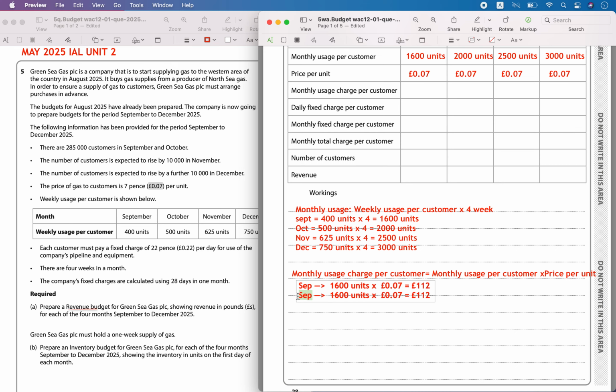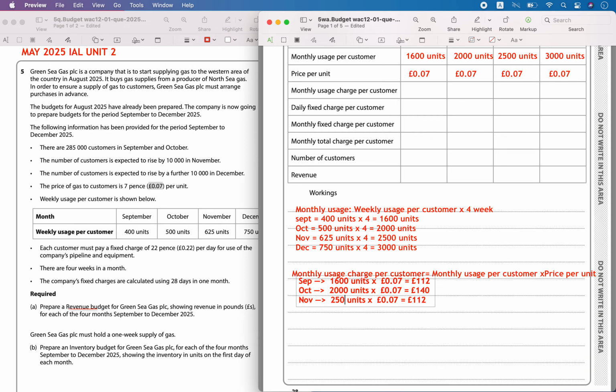Now let's calculate the monthly usage charge for October: 2000 units times 0.07 is equal to 140 pounds.